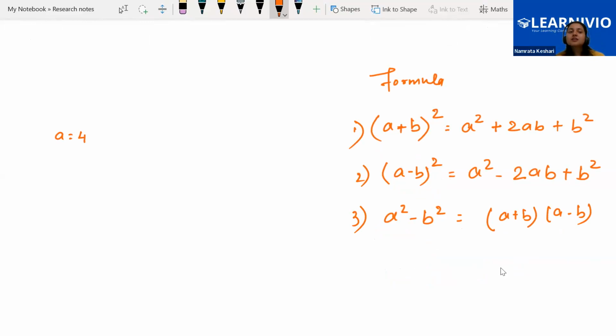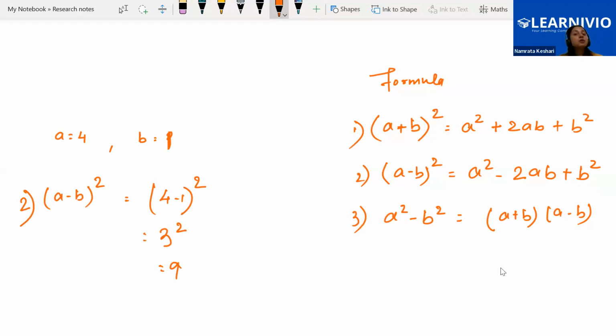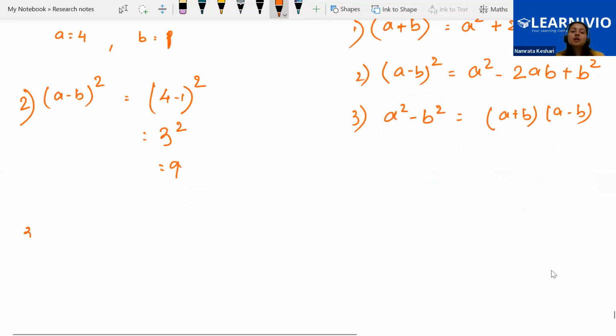If you are taking a as 4 and b as, let's say, 1, then a minus b whole square means 4 minus 1 complete square. 4 minus 1 is 3, and 3 complete square means 9. This is formula number 2, a minus b whole square. And formula number 3 is a square minus b square, that means 4 square minus 1 square.